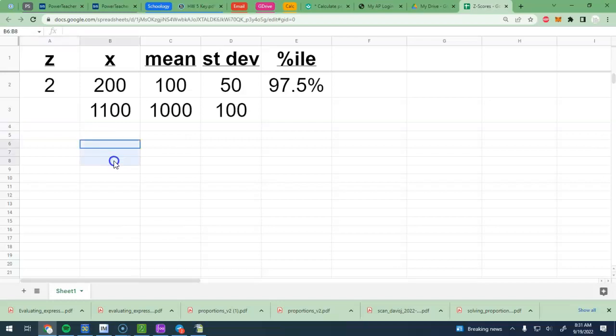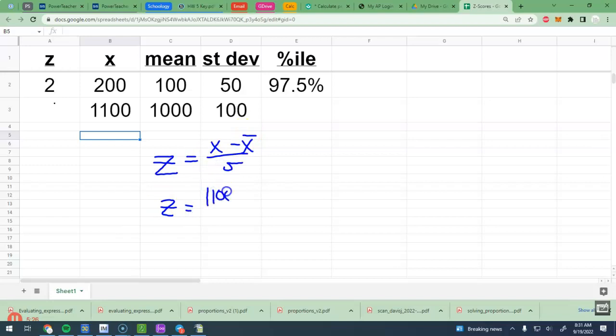If you want to use the formula, that works too, and you should get to know the formula because it's not always going to be like hundreds. So z is x minus x bar over standard deviation. So z is 1100 minus 1000, which is what we're saying, how far apart are they? Divided by 100, and that gives me 1.